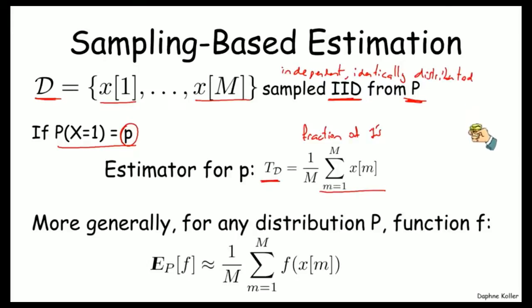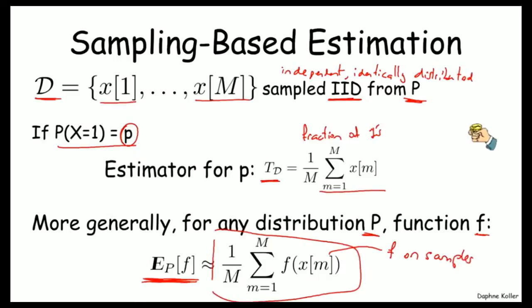Now, more generally, for any distribution P and any function f whose statistics we're trying to estimate, we can approximate the expectation of the function f relative to the distribution P in terms of this weighted average of the value of f on the samples. And this is often called the empirical expectation.